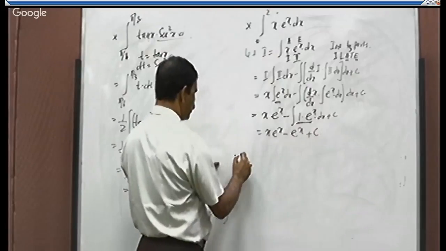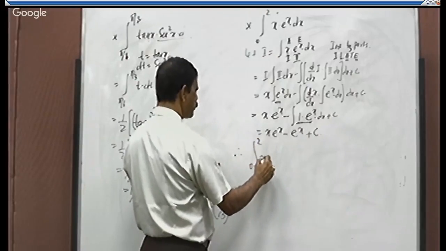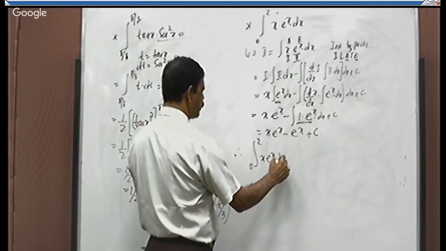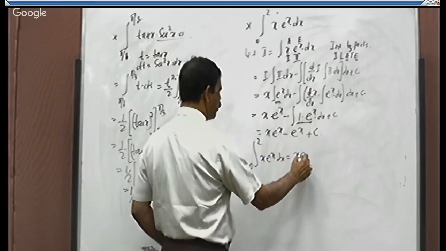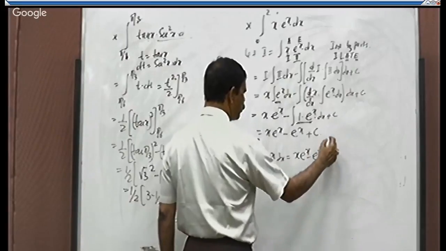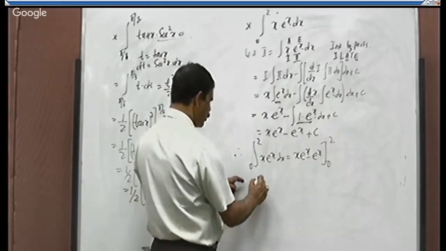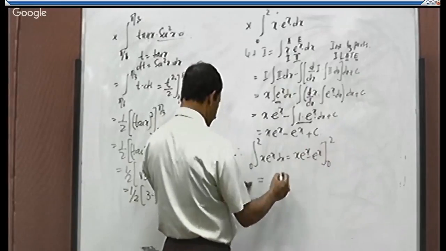Therefore, integration of 0 to 2 x e power x dx is equal to x into e power x minus e power x, limit 0 to 2. Apply the limit 0 to 2. What is the upper limit? The upper limit is 2.